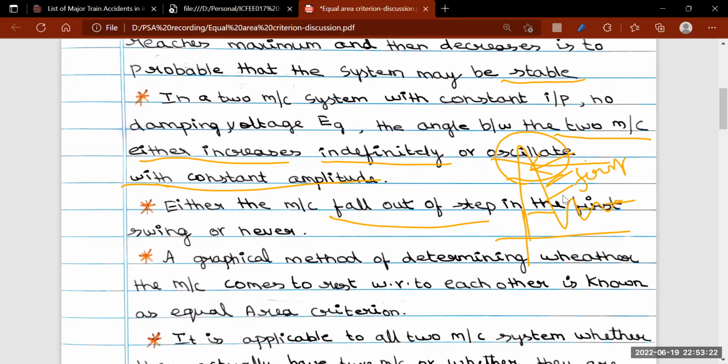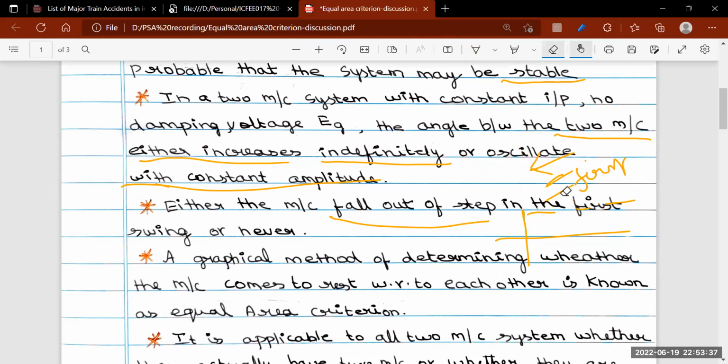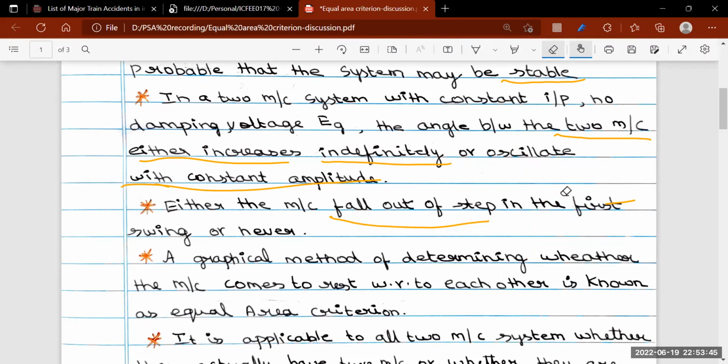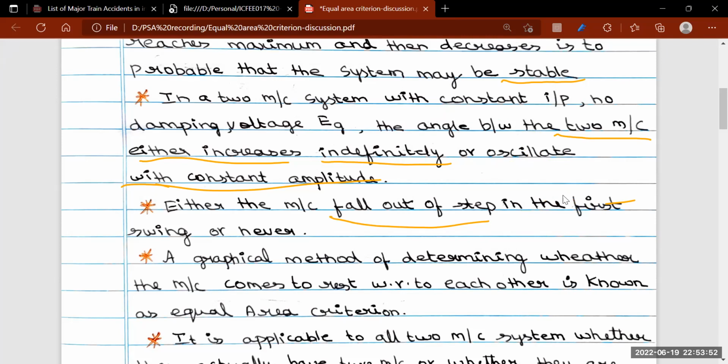If the machine is stable in the first swing itself, then it will never lose synchronism. So either the machine will fall out of step in the first swing, or never will it lose its synchronism.